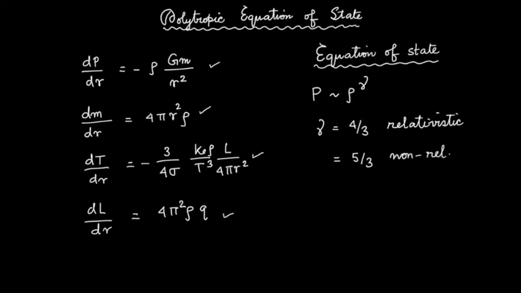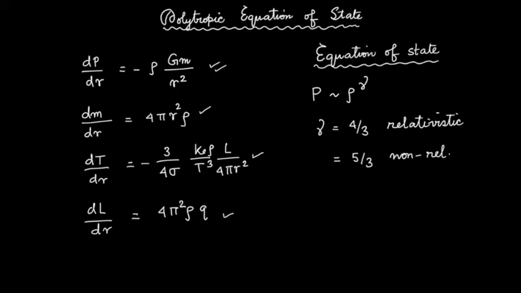You see, something remarkably simpler happens now. So P is rho to the power gamma, so the first equation can be written only in terms of rho. And the other thing the first equation has is M, but if I use the second equation, then M can also be replaced in terms of r and rho.